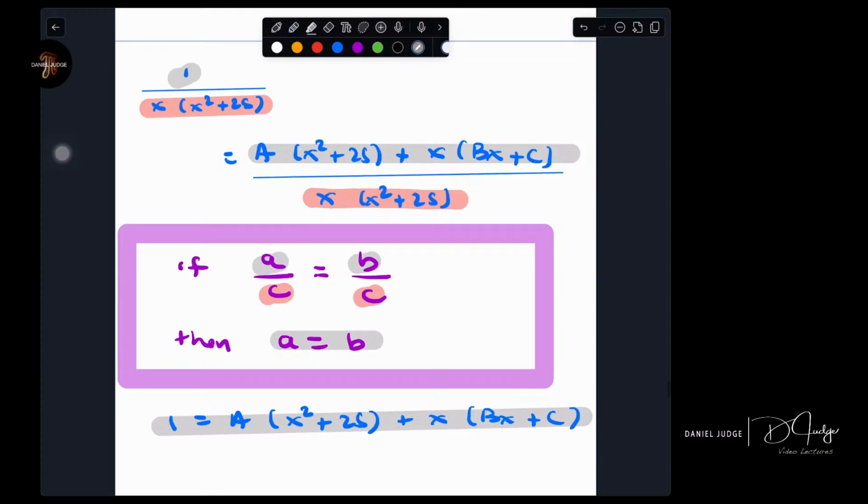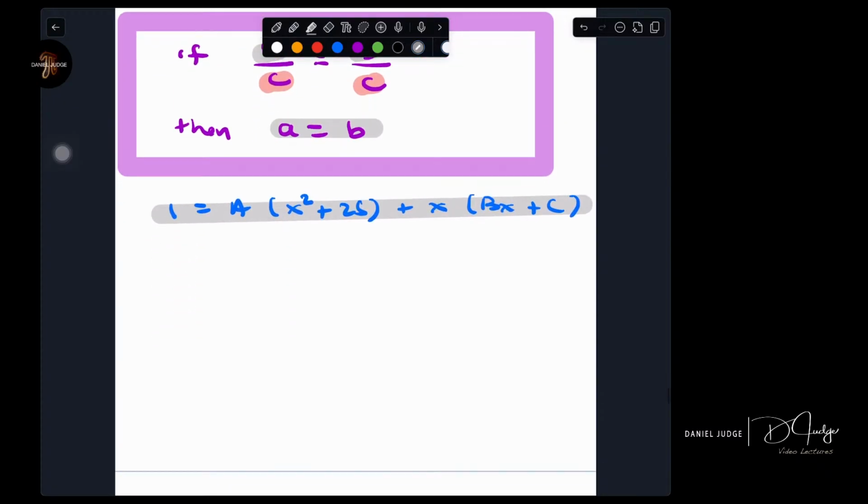Okay, so we have this equation now, but the problem is we cannot zero out any terms. I might be able to take some cases just to start. There's a few things I think that we can do.